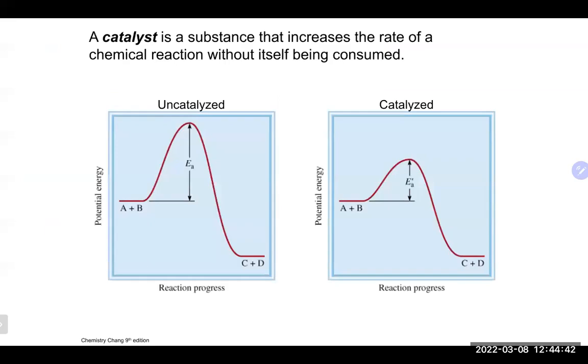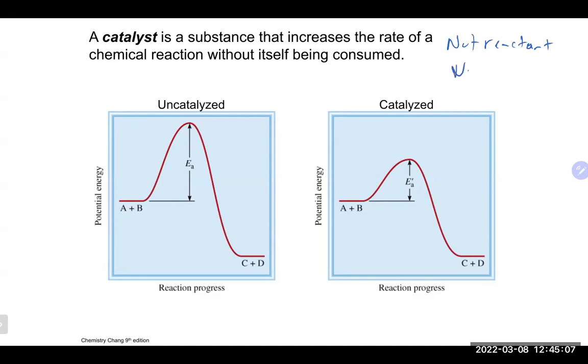So that's mechanisms. Just to finish up this chapter, we talked about it a little bit earlier, but a catalyst really is a substance that we add to a reaction. For the most part, it is added to speed up the reaction. There are negative catalysts that can technically slow down the reaction. It's important to remember that a catalyst is not a reactant.